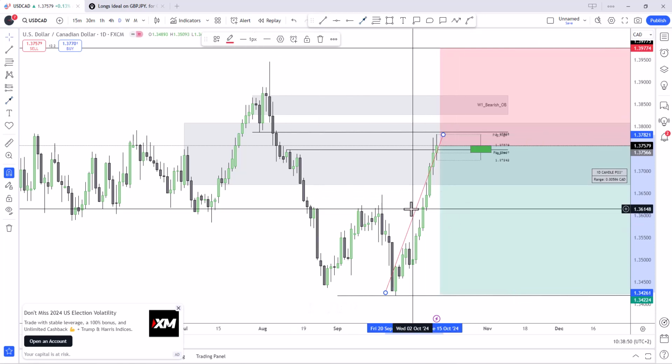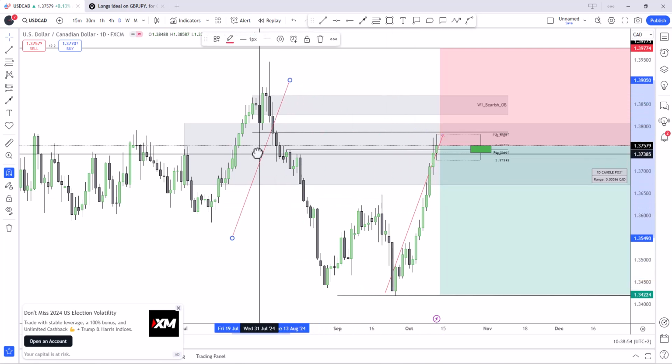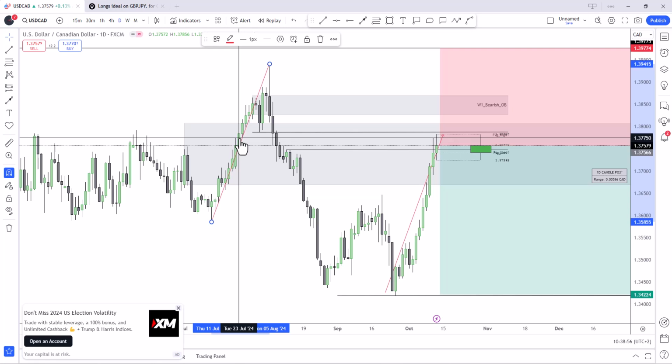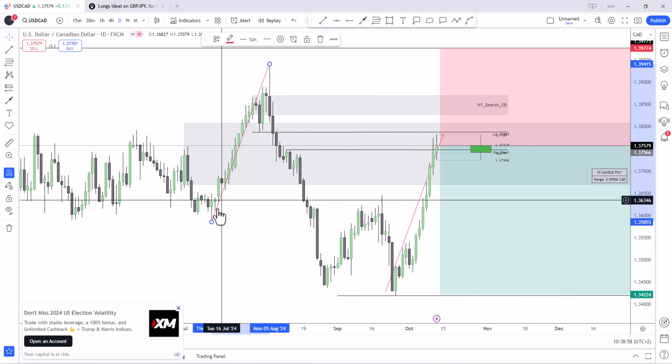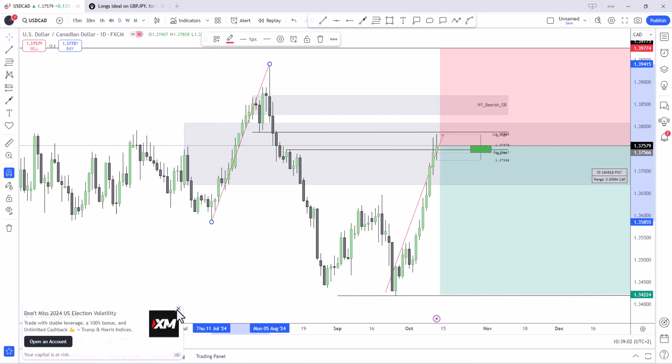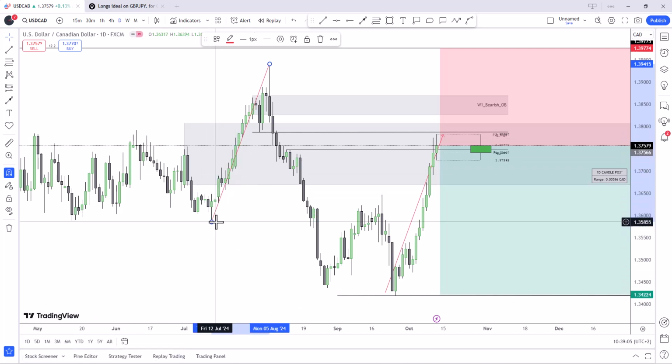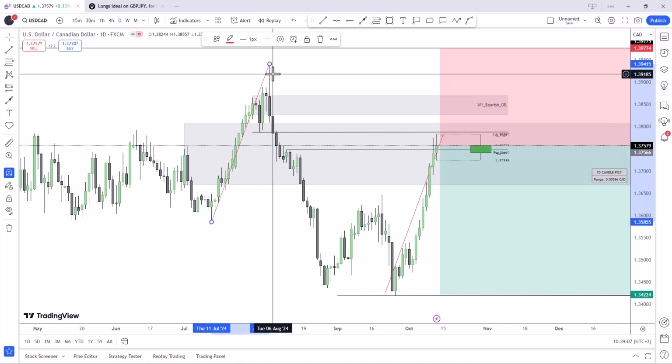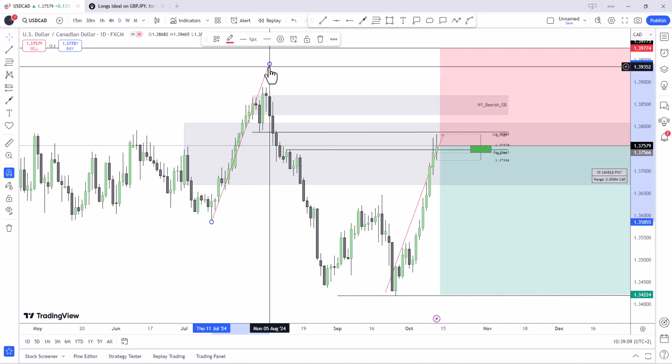And then you replicate that right here. You see, a measured move on the technical side of things. We have a measured move from July 24 up until August 24, right?